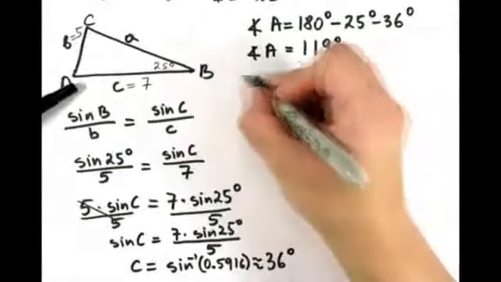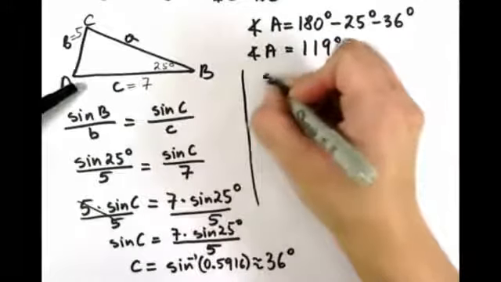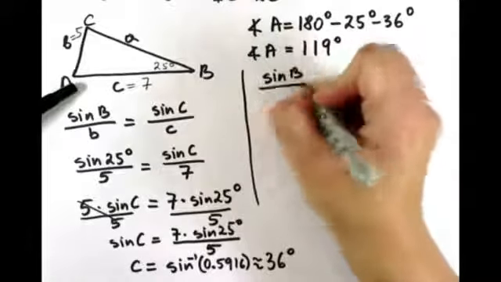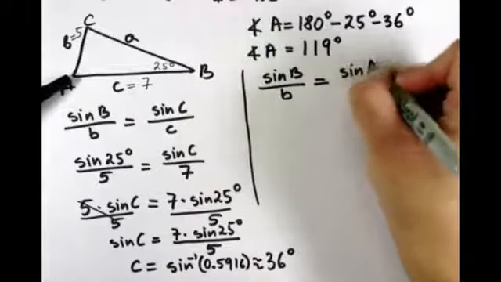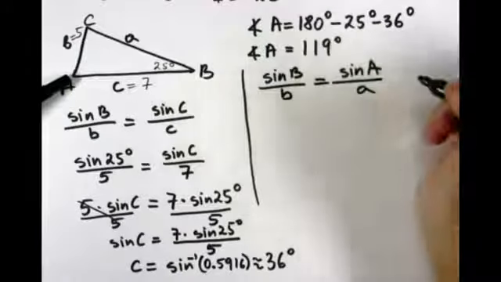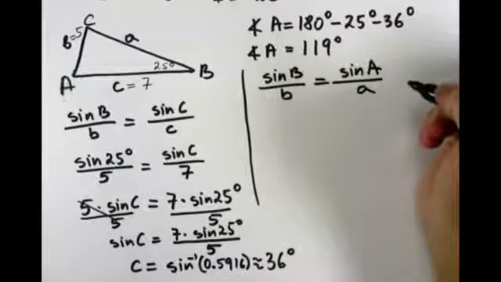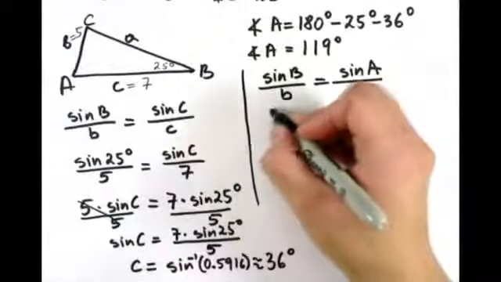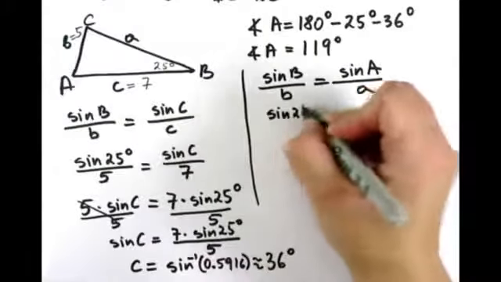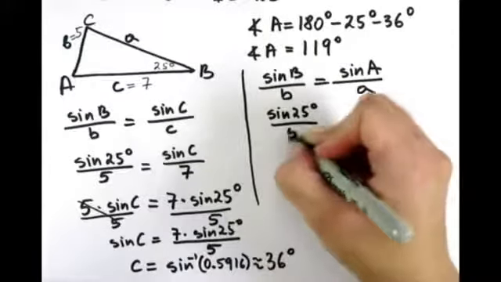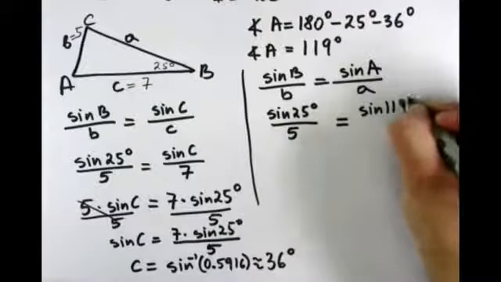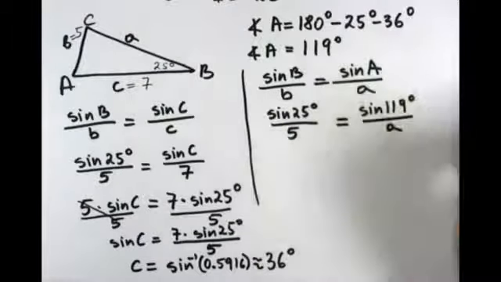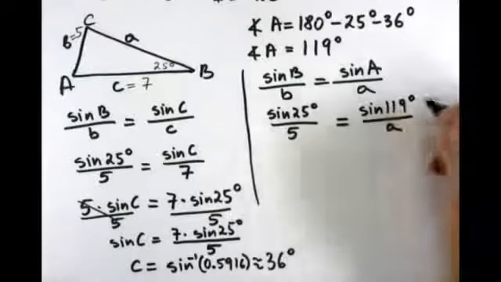So we have that sine B over B is equal to sine A over A. Okay, so sine B, we have sine 25 over 5 is equal to sine 119 over A. We can cross multiply.